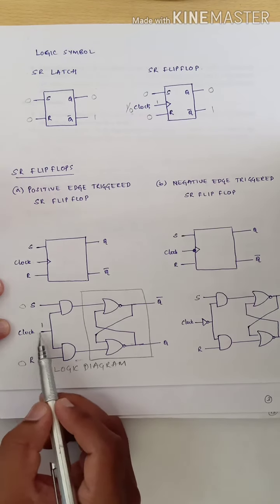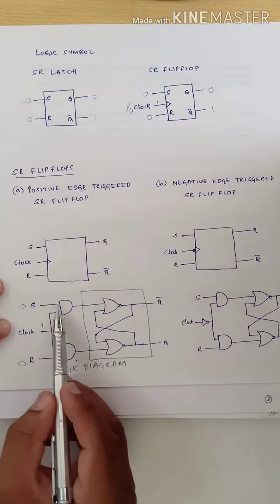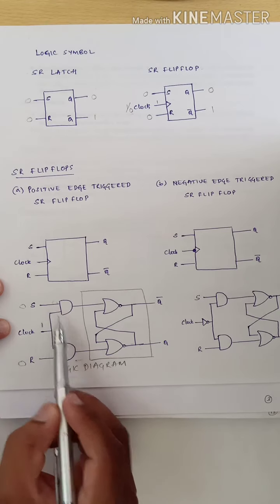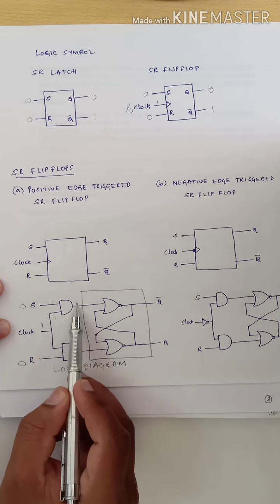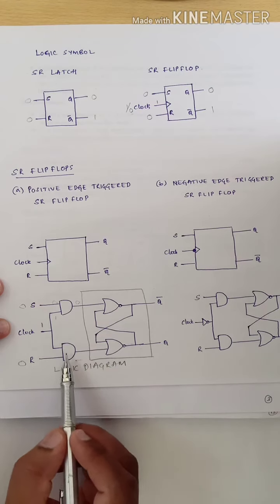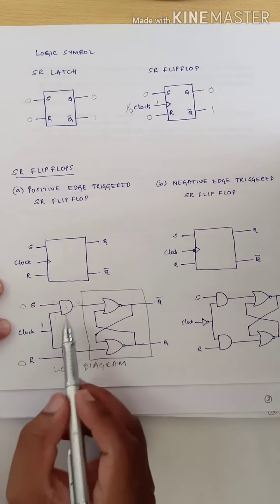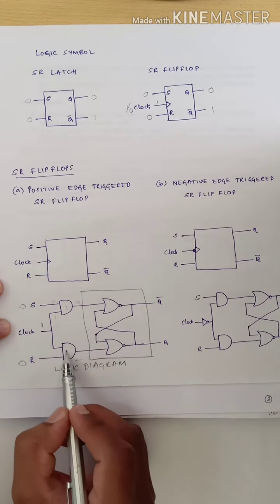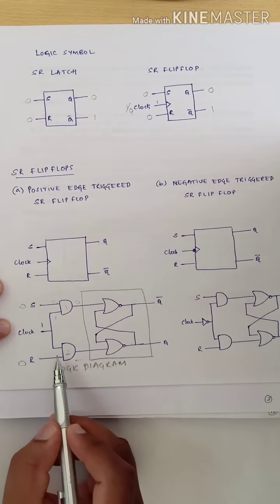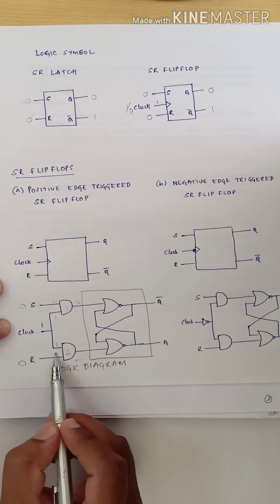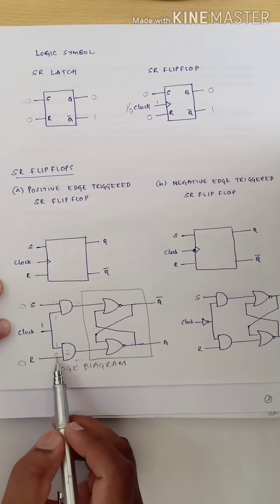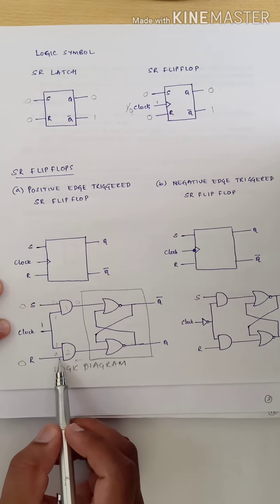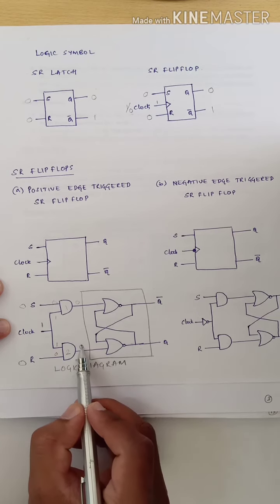If the clock input is 1, the combination here will become 0 1, and the output is equal to 0. Let us call these AND gate 1 and AND gate 2. Now the inputs for the second are clock 1 and R 0. That's why this combination also results in the output 0.